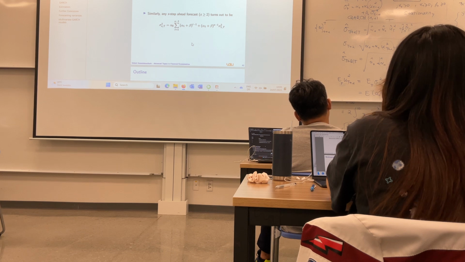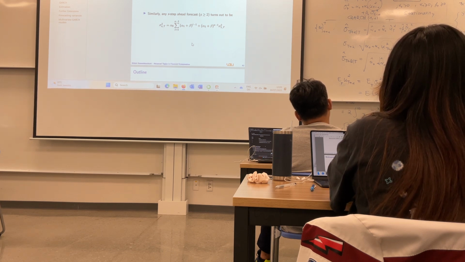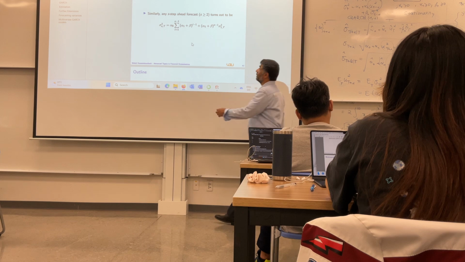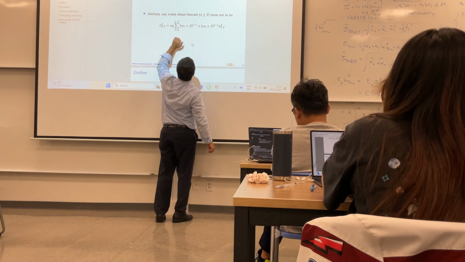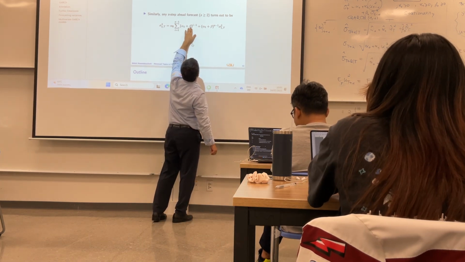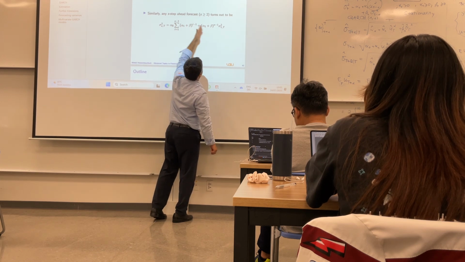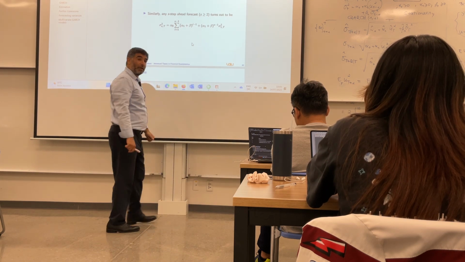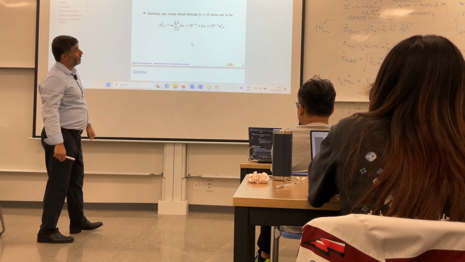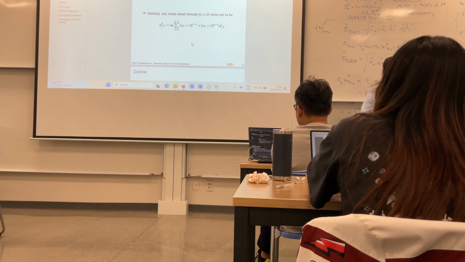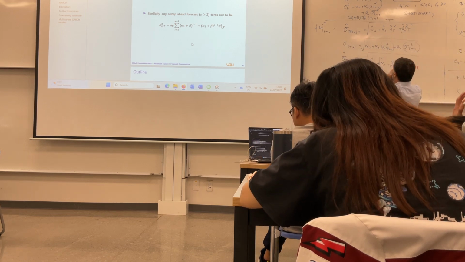Then alpha 0 times that will show up, and alpha 0 times this to the power of 2 will show up for the next step, and so on and so forth. Then you will have alpha 0 plus alpha 1 plus beta 1 to the power of 1, plus alpha 1 plus beta 1 to the power of 2, and so on. The first one to the power of s minus 1 also shows up.